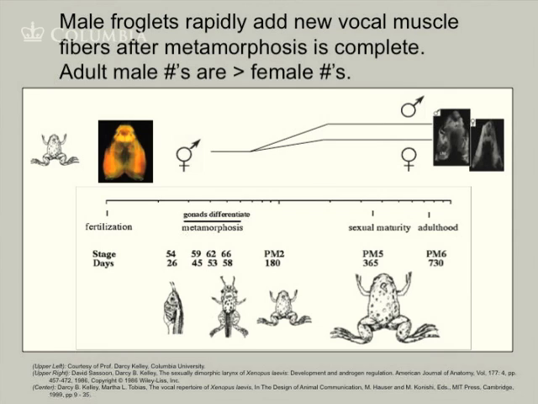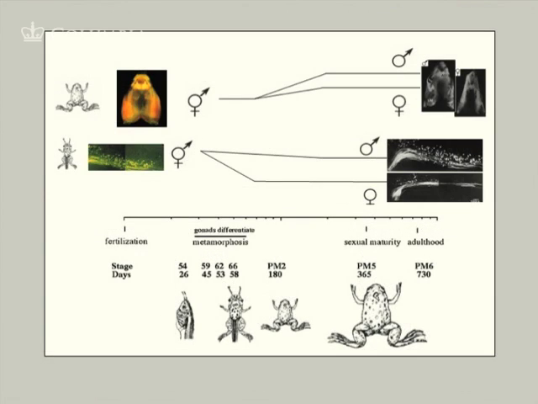So male numbers are greater than female numbers for the muscle fibers, not because fewer cells die, but because more cells are added. So there are 2 different kinds of processes going on in males and females. There's the process that leads to differences in the brain where you have less death, and there's the process that leads to differences in the vocal organ where you have more cells formed.